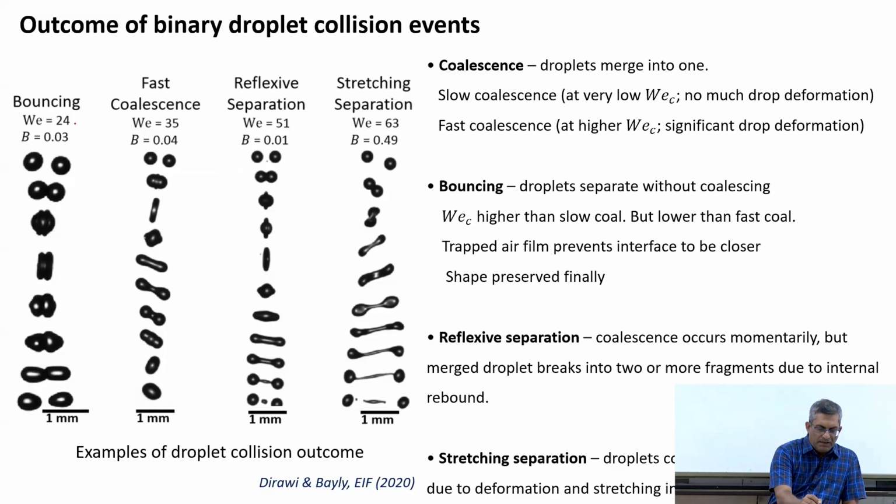Depending on the combination of Weber number and impact parameter, we see different outcomes, even if the particle sizes are more or less similar. For instance, in this case, the impact parameter is close to 0, so they are more or less colliding head on. Here you see that they are bouncing.